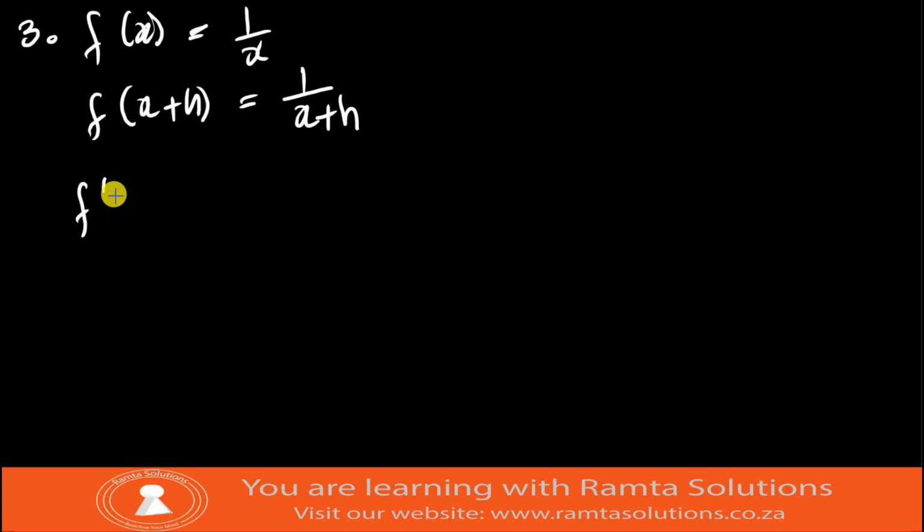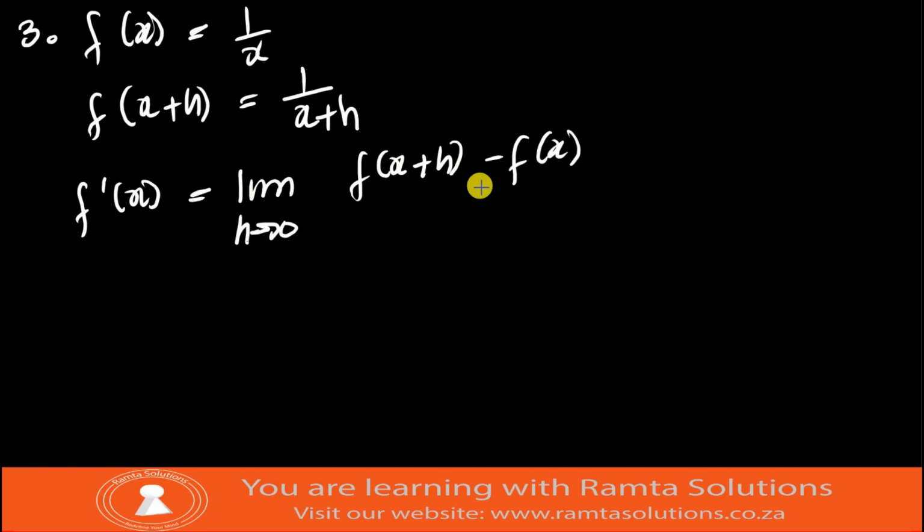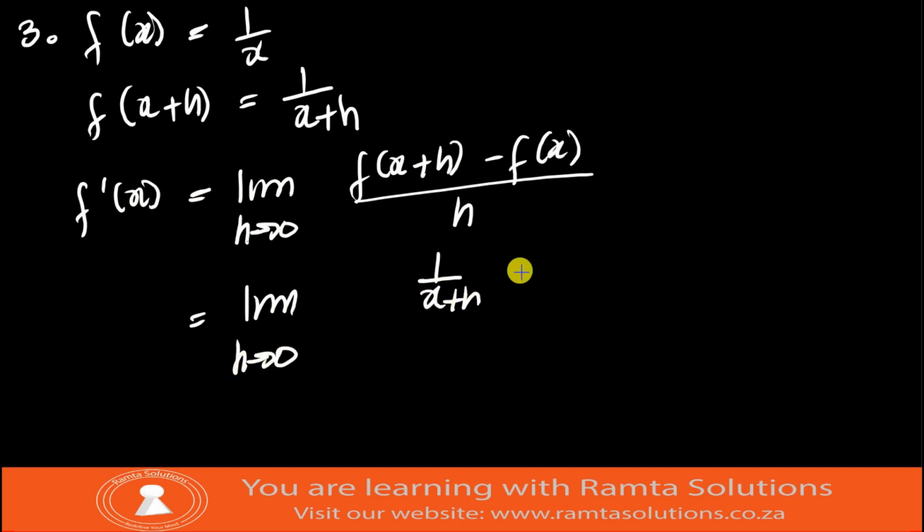Now, as usual, f prime x is equal to the limit as h tends to 0 of f of x plus h minus f of x all over h. And we have the limit as h tends to 0 of 1 over x plus h minus 1 over x all over h. This is interesting.